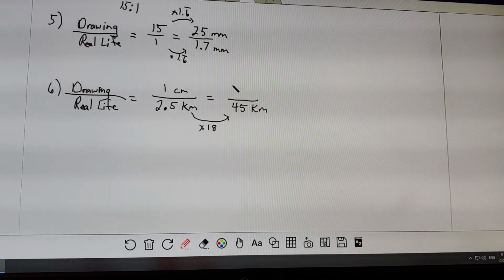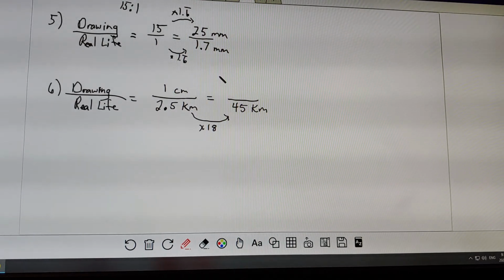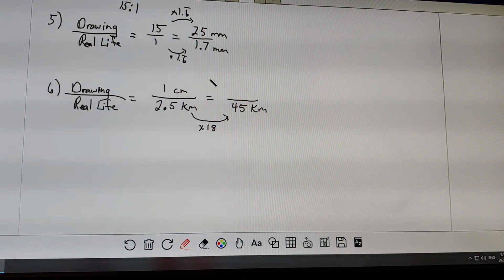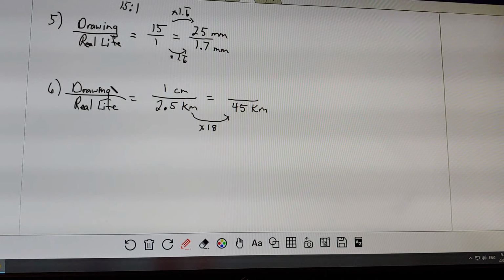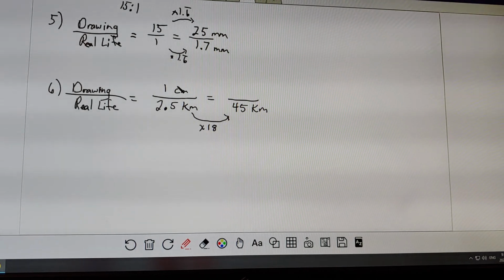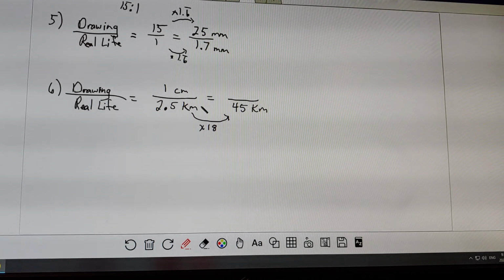Last one, still scale drawings. Number 6 says a scale on a map is that 1 centimeter represents 2.5 kilometers in real life. And Vivian drove 45 kilometers. So again, naming your ratios. Drawing to real life. Drawing 1 centimeter on the map represents 2.5 kilometers in real life.